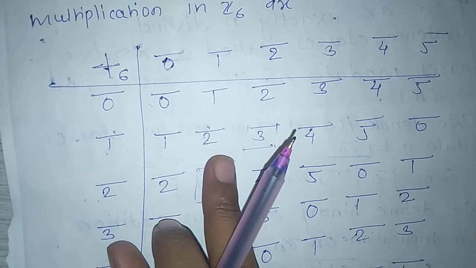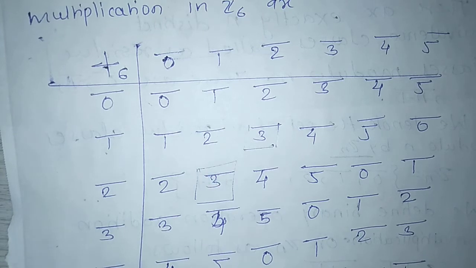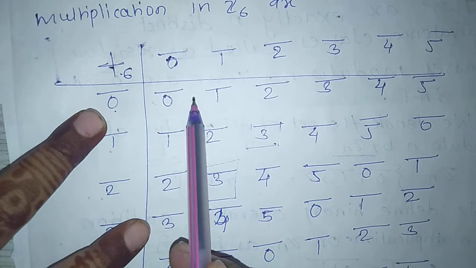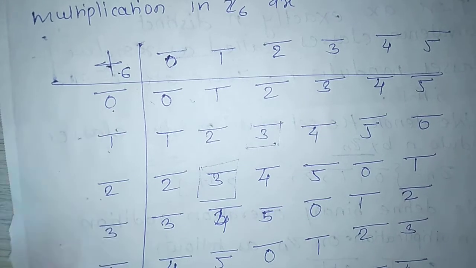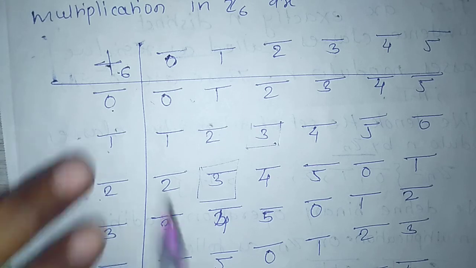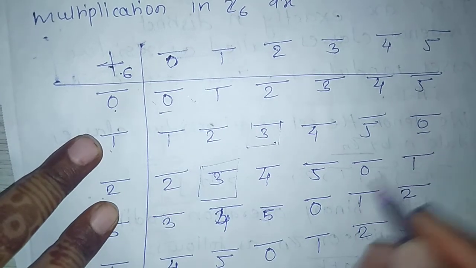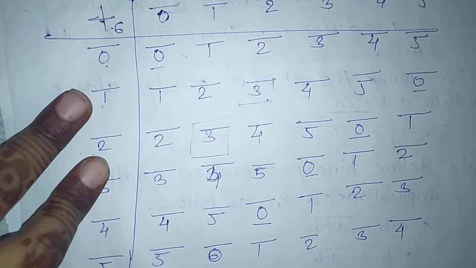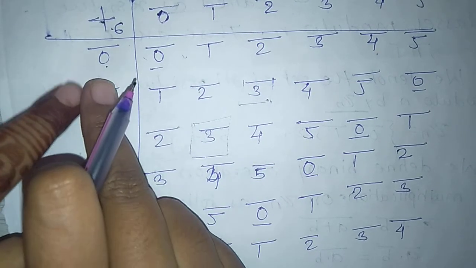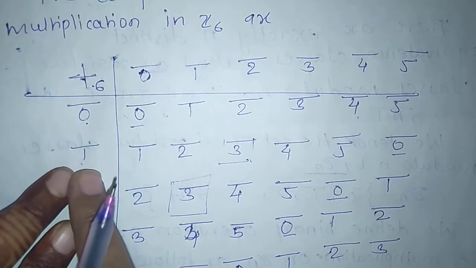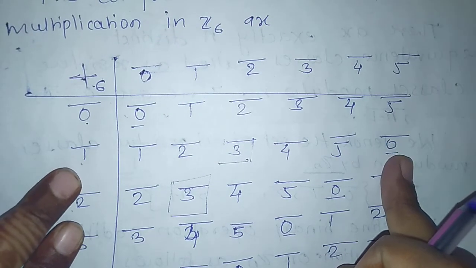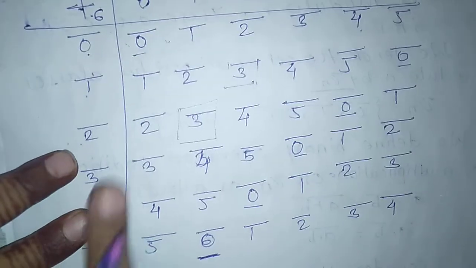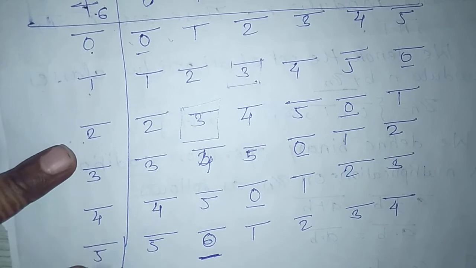Also, here we observe that 0 bar is the additive identity in Z6 because 0 bar plus something equals that number. Also, here 0 bar, here 0 bar, here 0 bar, means the identity. 0 bar plus 0 bar is 0 bar, 1 bar plus 5 bar is 0 bar, which means 1 is the additive inverse of 5. Similarly for 2, 3, 4, 5.